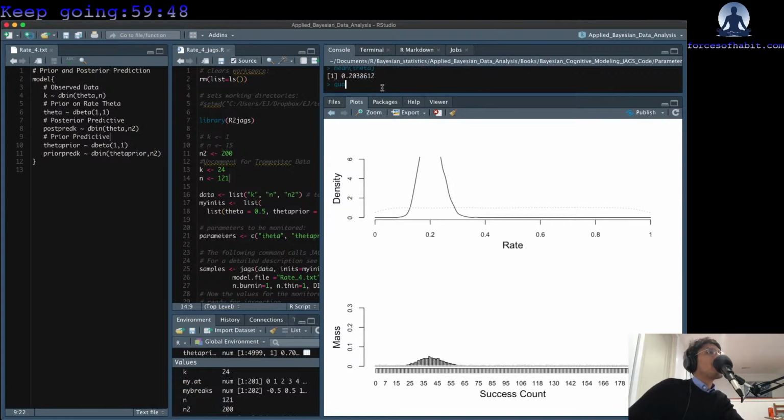I think you do it by quantile. I do quantile of theta. Median, and then upper and lower quantiles.